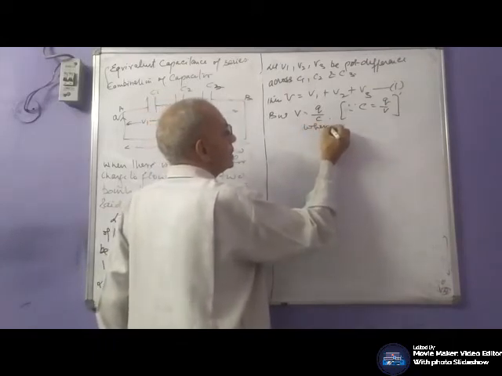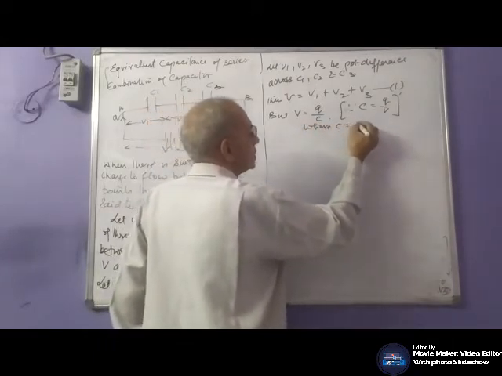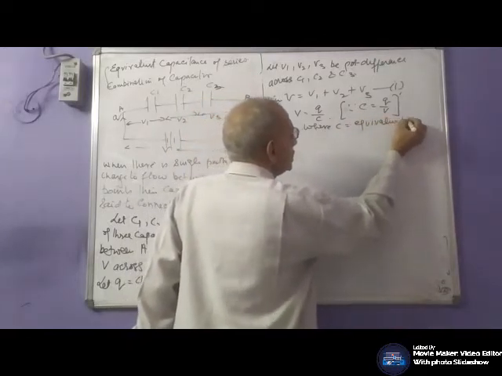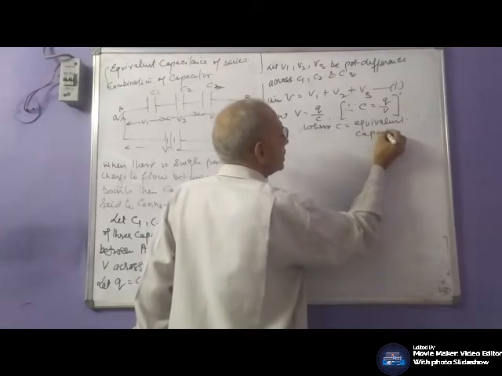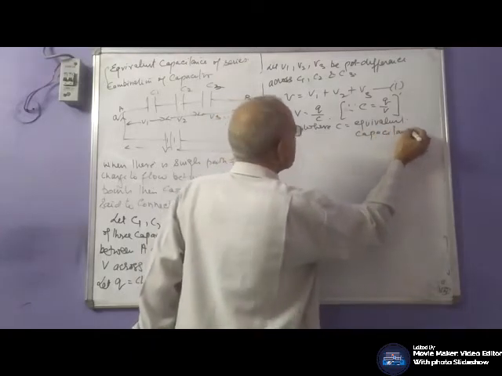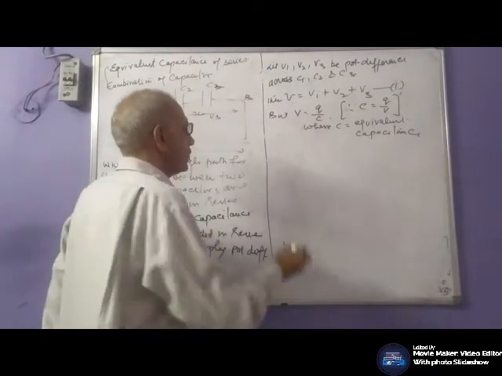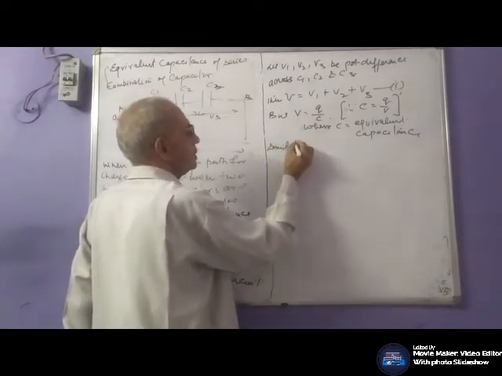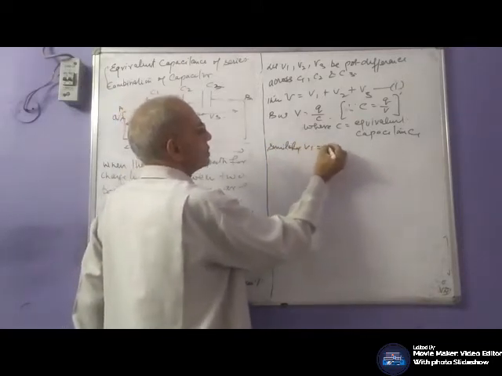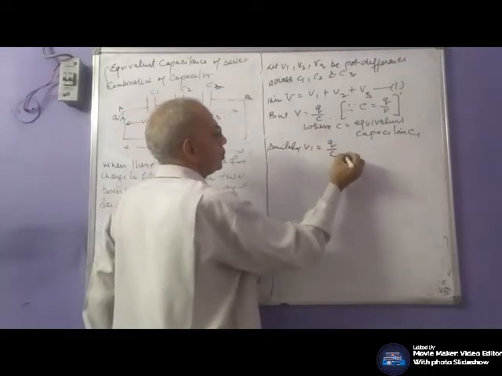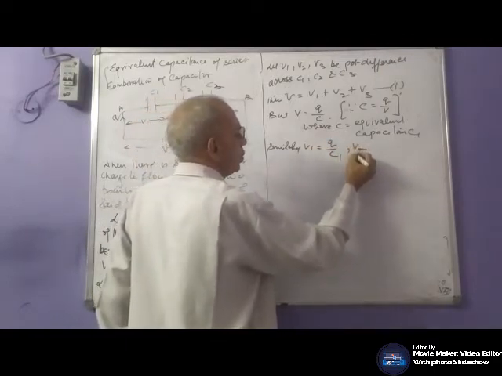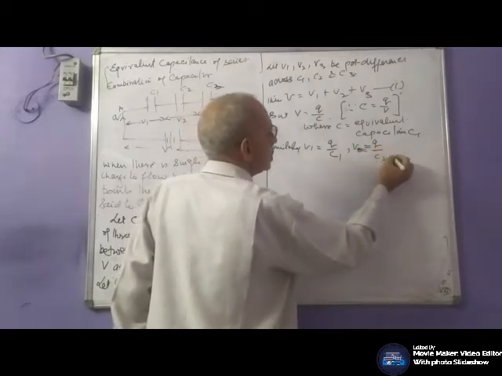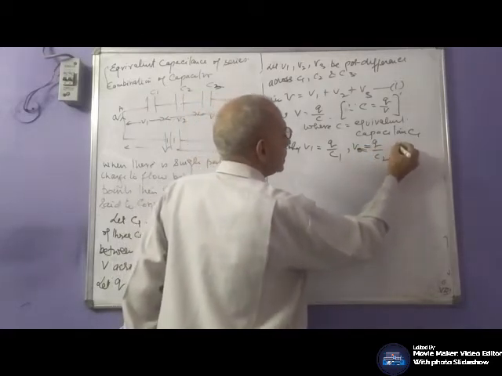where C is the total equivalent capacitance. Similarly, V1, since the charge is the same, is Q by C1, V2 is Q by C2, V3 is Q by C3.